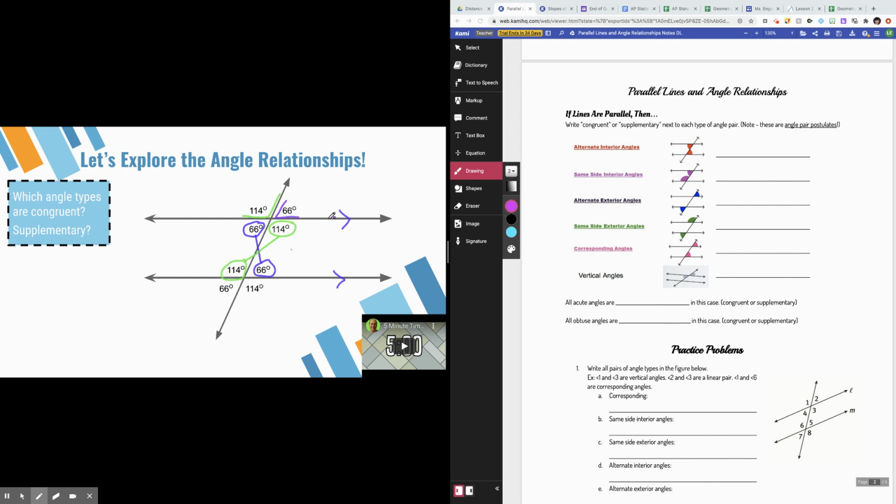See that? All of the acute angles are the same in this case. But this only works when you have lines that are parallel, and here's why this happens.